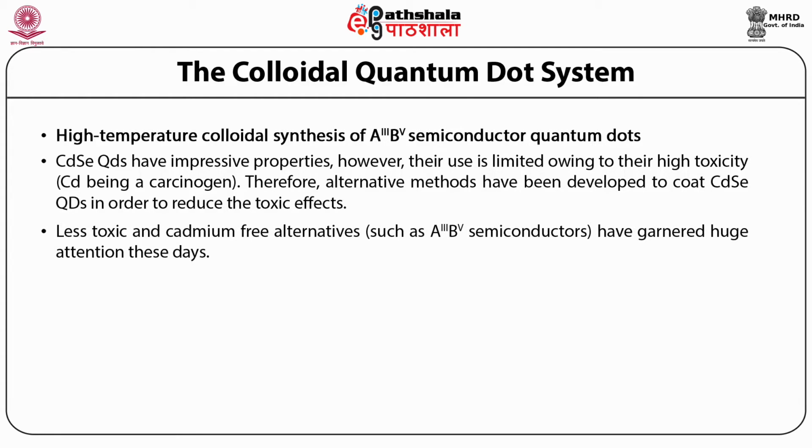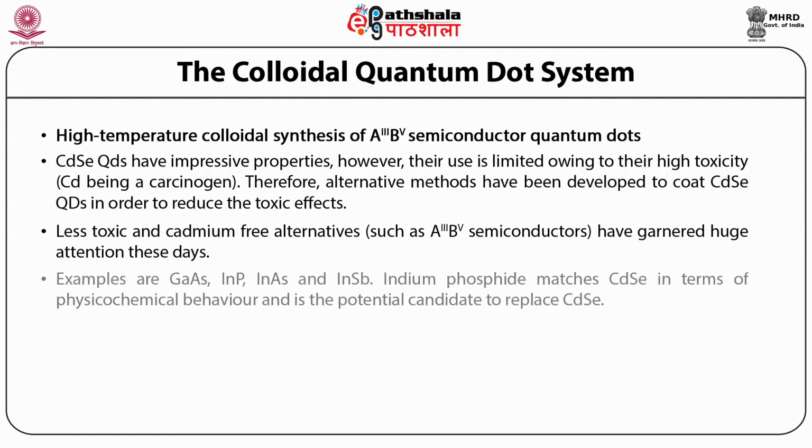Less toxic and cadmium-free alternatives such as A3B5 semiconductors have gained huge attention these days. For example, gallium arsenide, indium phosphide and indium arsenide.